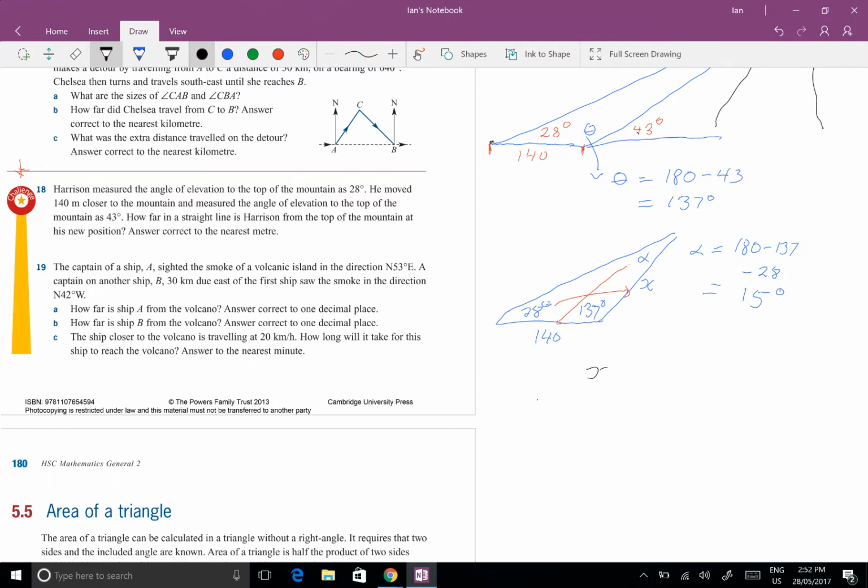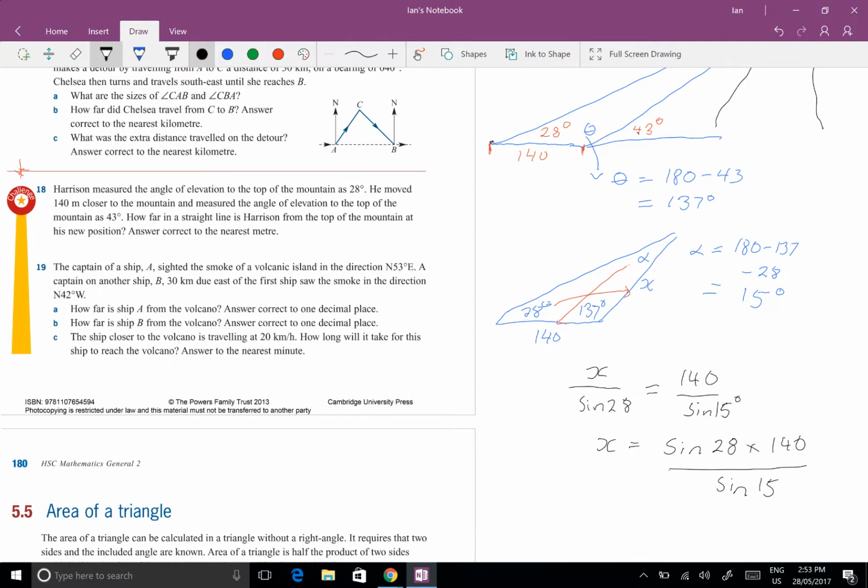So x over sine 28 equals 140 over sine 15 degrees. So x equals sine 28 times 140 over sine 15.